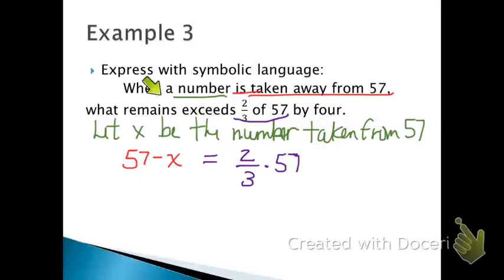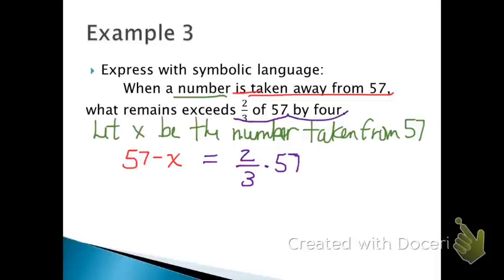So let's read it again. When a number is taken away from 57, what remains exceeds 2/3 of 57 by 4. Okay, so what they're saying is that this is bigger. So our plus 4 would go on this side.